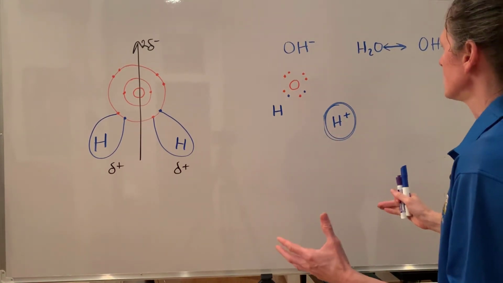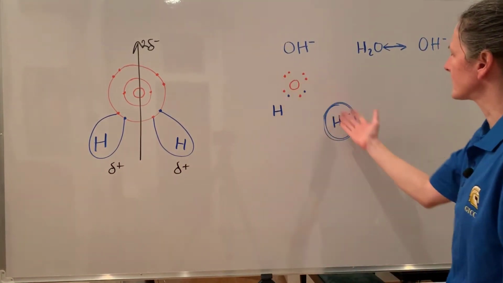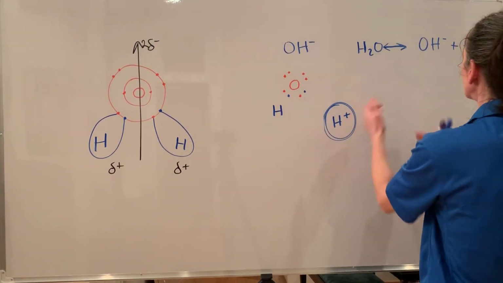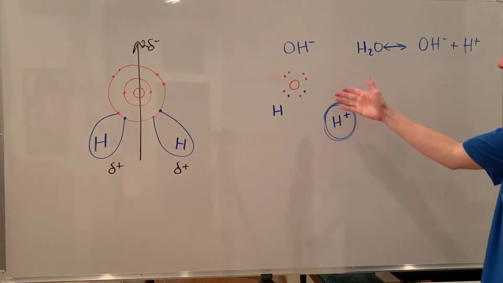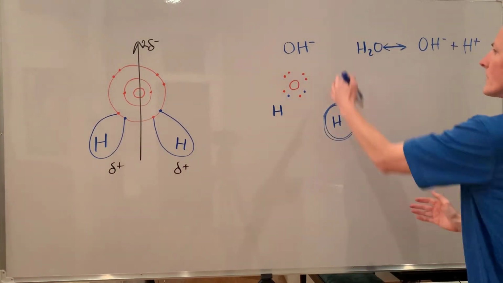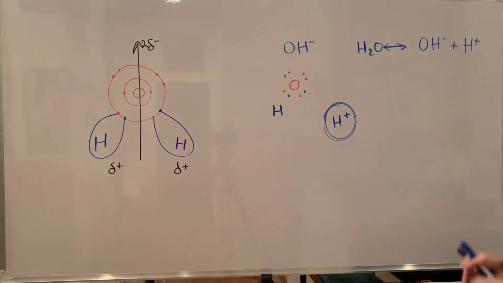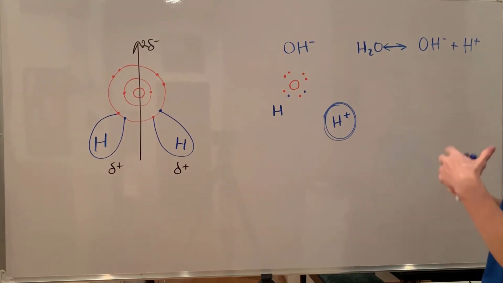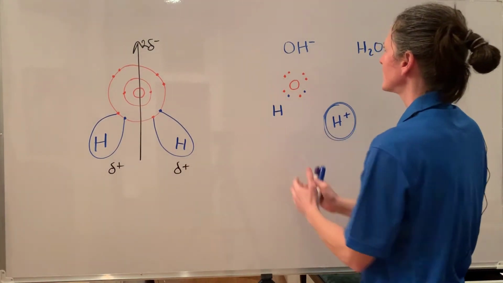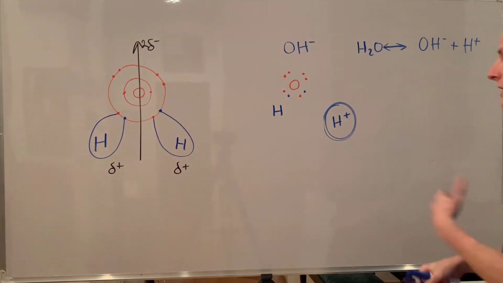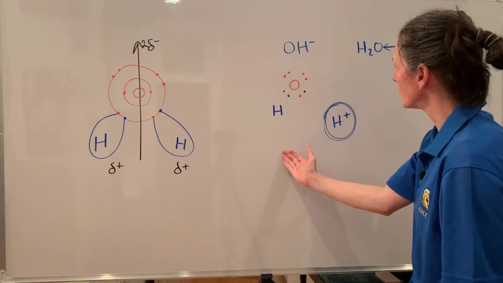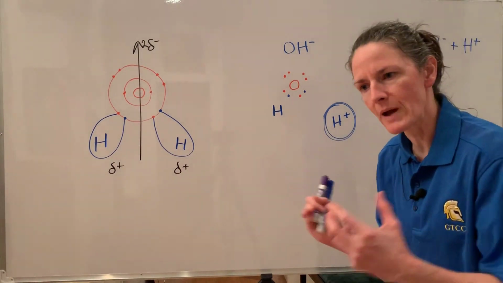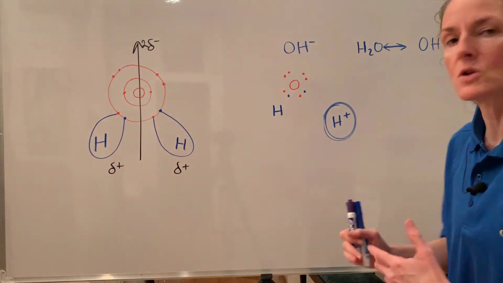So we could say that water is acting both as an acid and a base simultaneously, because not only does it give up hydrogen, but for every hydrogen ion that is put into solution by the dissociation of a water molecule, elsewhere in that same solution we'll have a hydroxide ion and a hydrogen ion spontaneously getting back together to reform a water molecule. So while we have the basic component of water here and the acidic component of water here, they're always exactly balanced, and this is why we consider it neutral.